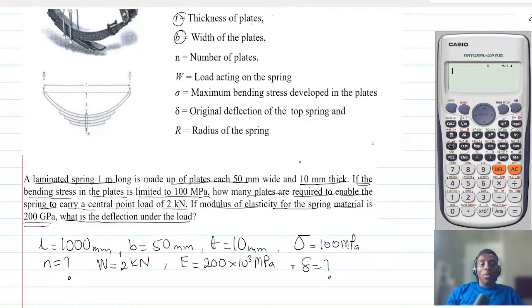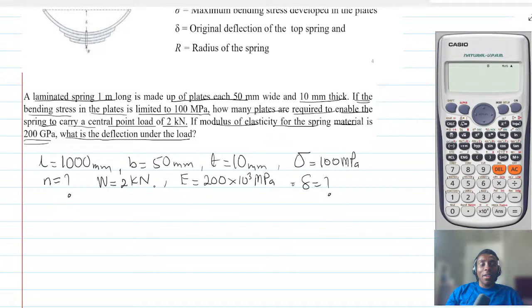Okay, so let's solve this question. How can I find the number of plates? Basically everything is just formula work. To calculate the number of plates, we have to find a relationship. There is an equation which we can use, and I want to quote that equation right now.